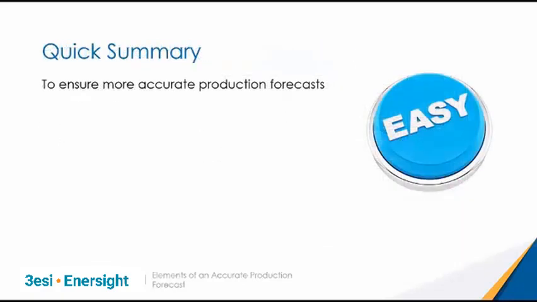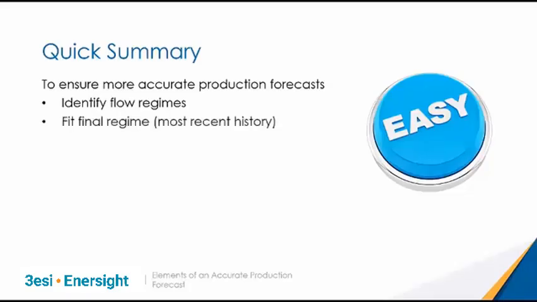Okay, so to summarize quickly what I've tried to say, to ensure that we have the most accurate forecast that we can come up with, we need to identify flow regimes. That's probably the single most important step in doing forecasts accurately. We need to fit our final flow regime that we've seen, the most recent history. That's really important.